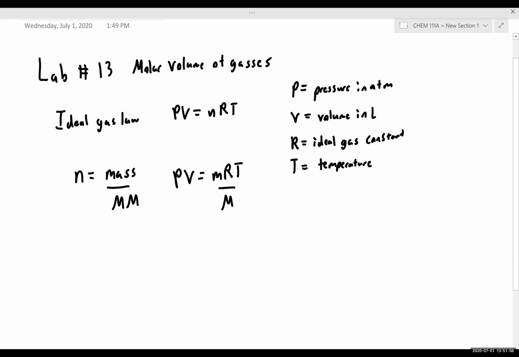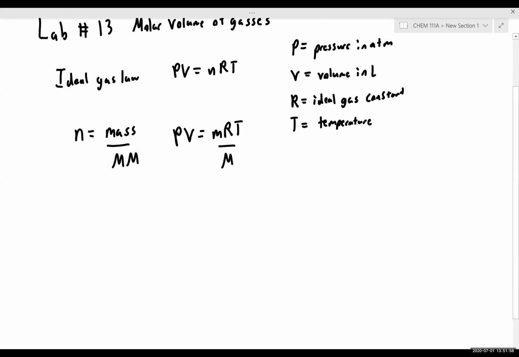Just another way of expressing the ideal gas law.